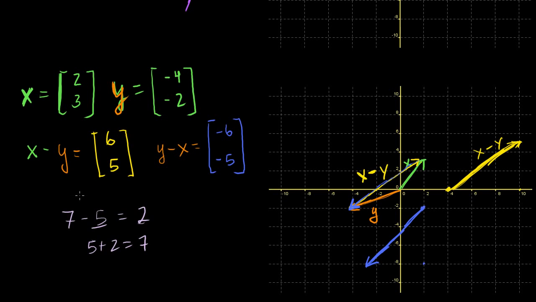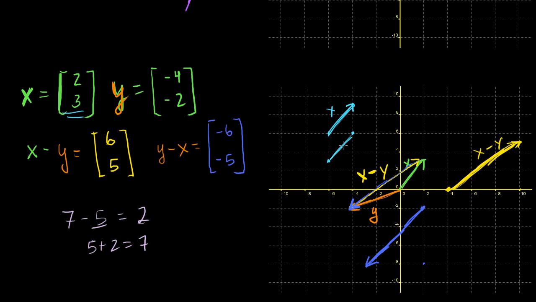And actually, let me make that point very clear. We drew y before. Actually, let me draw x. X we could draw as 2, 3. So you go to the right 2 and then up 3. I've done this before. This is x in non-standard position. That's x as well. What is negative x? Negative x is minus 2, minus 3. So if I were to start here, I'd go minus 2, and then I'd go minus 3.